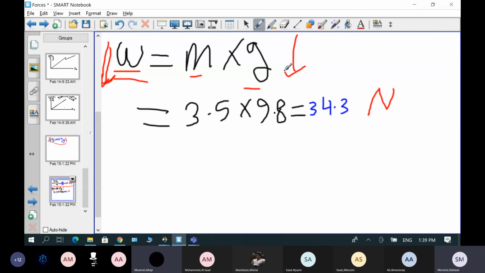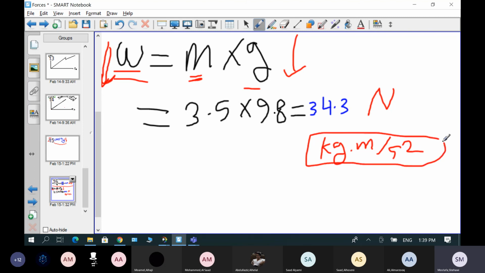A Newton equals kilogram times meter per second square, short-handed as Newton.